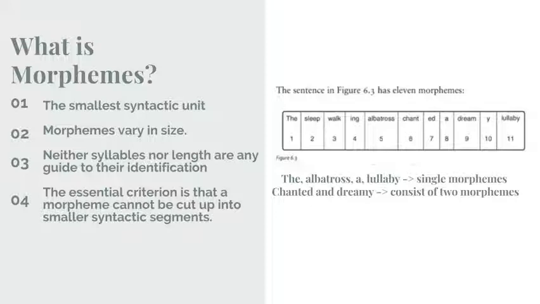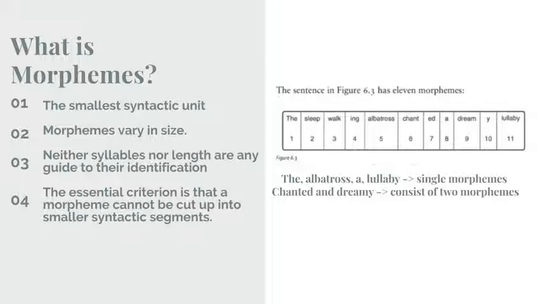For example, sawed, sun, sewing, and sauce can all be analyzed into the morphemes saw plus ed, n, ing, and s. Morphemes vary in size. Neither syllables nor length are any guide to their identification. The essential criterion is that a morpheme cannot be cut up into smaller syntactic segments.